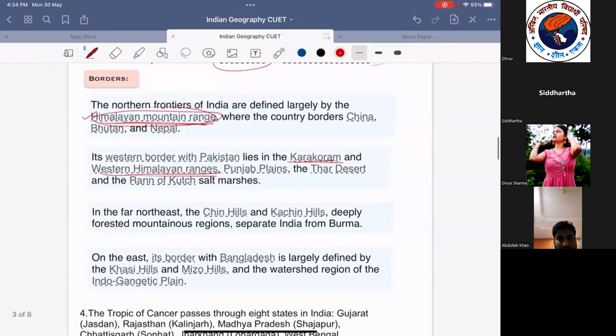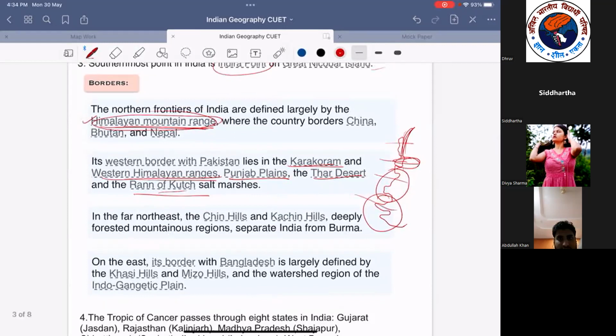Then the western border with Pakistan lies in a natural border that divides Pakistan from the western part of India.